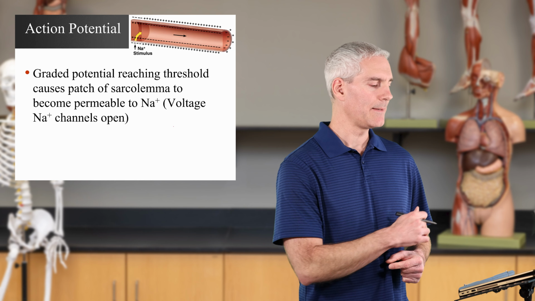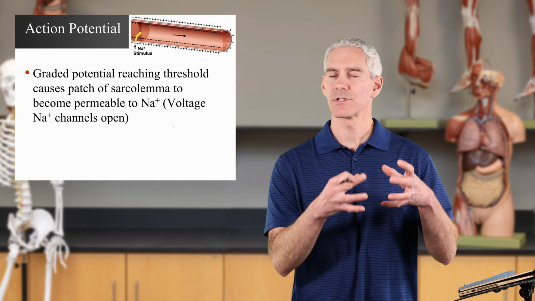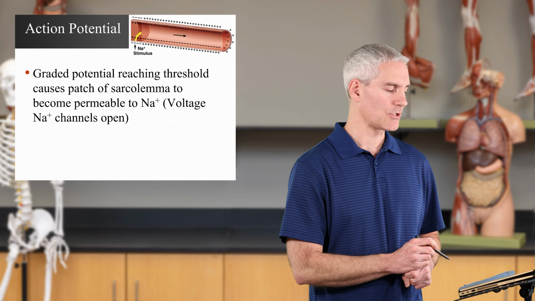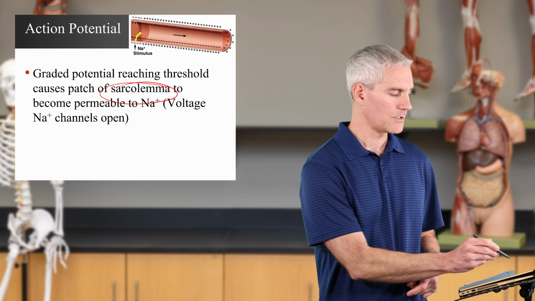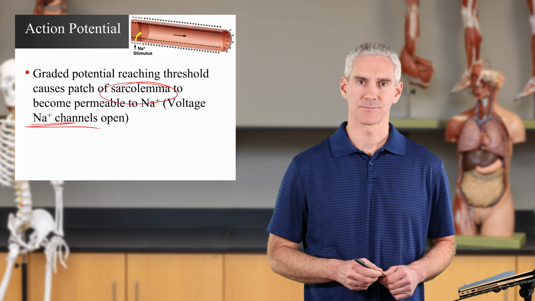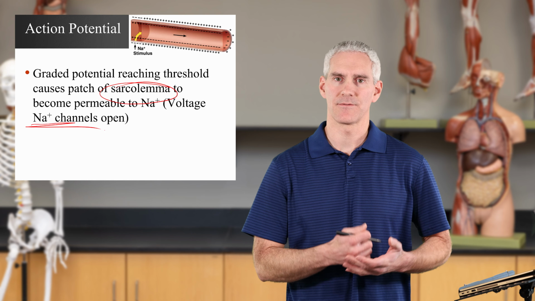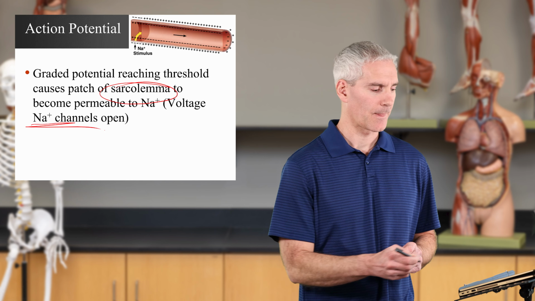So graded potentials are local events. They're small, they're not really going to travel very far. Your graded potential is when the sarcolemma becomes permeable to sodium a little bit. Now, it might be both sodium and potassium as in the case of the neuromuscular junction, but a lot of times it's just sodium channels.